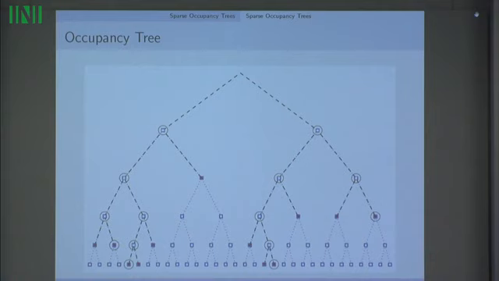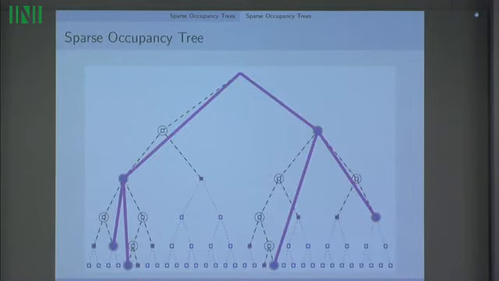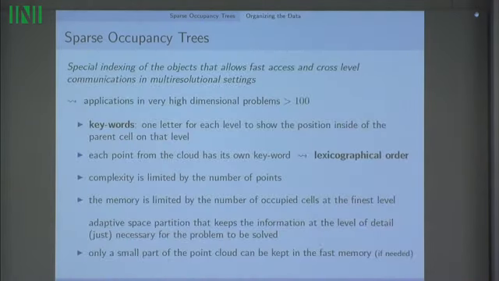We want to say which cells are occupied, and based on that we can have a full tree, which looks like this, or we can have a sparse occupancy tree, which dismisses the small elements.